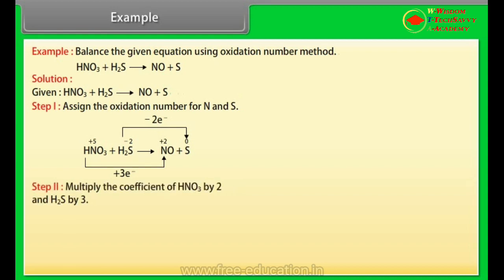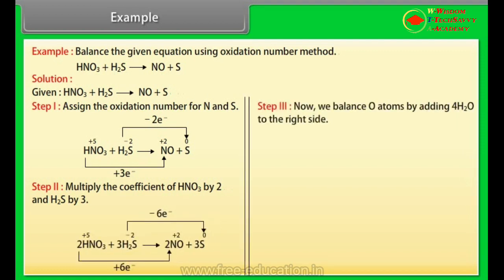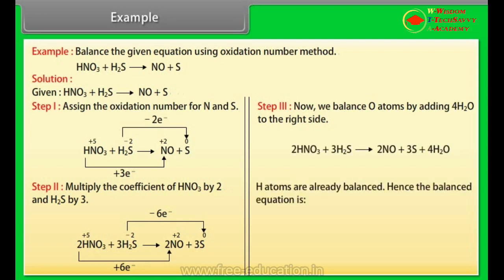Now multiply the coefficient of HNO3 by 2 and H2S by 3. Step 3. Now we balance O atoms by adding 4H2O to the right side. H atoms are already balanced, hence the balanced equation is 2HNO3 plus 3H2S gives rise to 2NO plus 3S plus 4H2O.